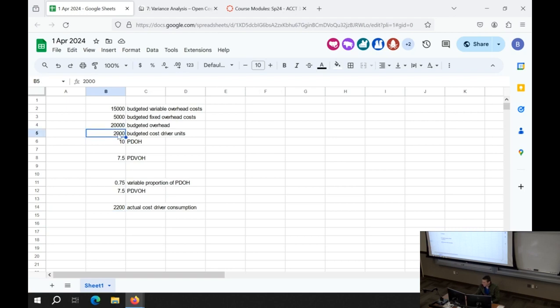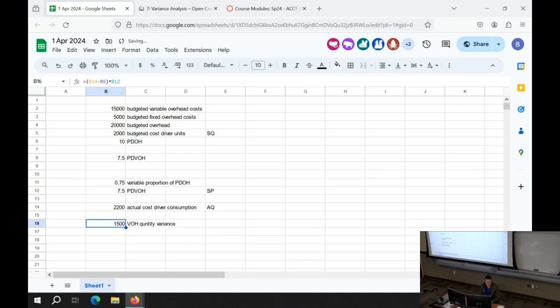So we have our budgeted cost driver units and our actual cost driver units. This is SQ, this is AQ, and this is SP. And so in this little example, we can take our AQ minus our SQ and multiply them by our standard price, SP. And so that would be our variable overhead quantity variance.